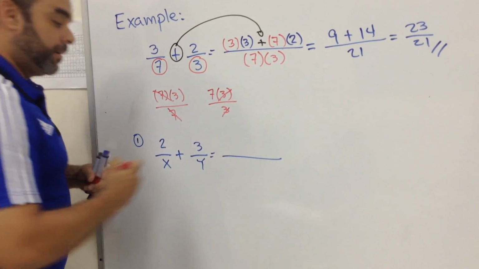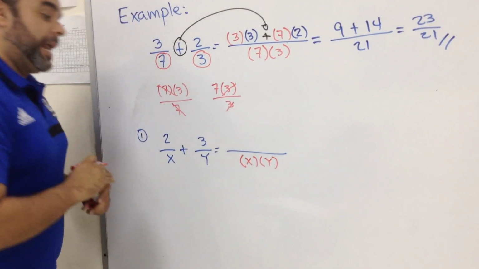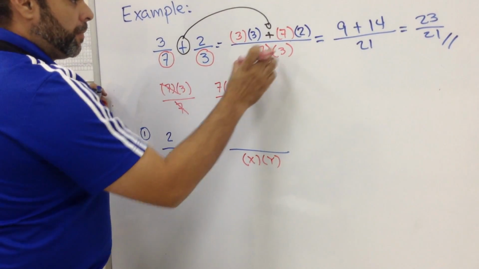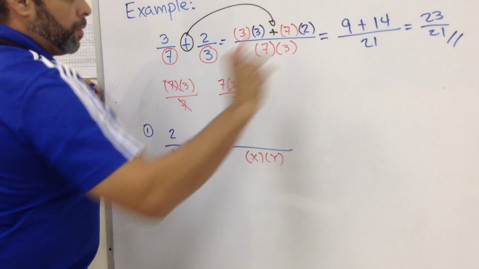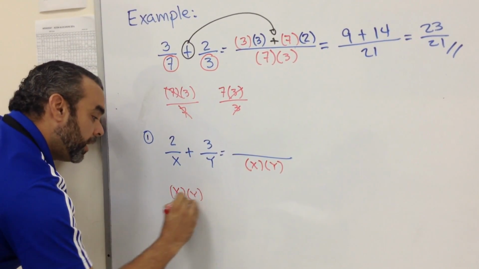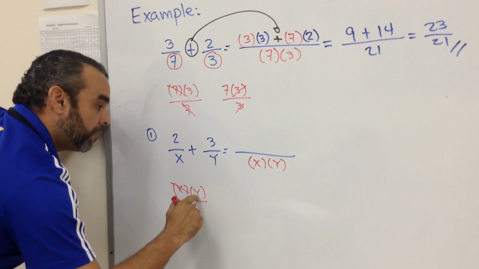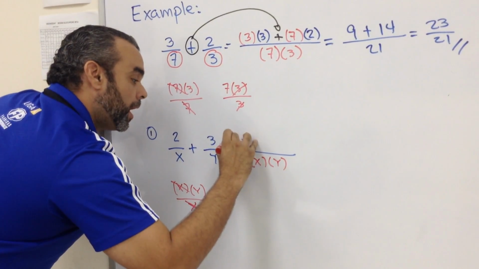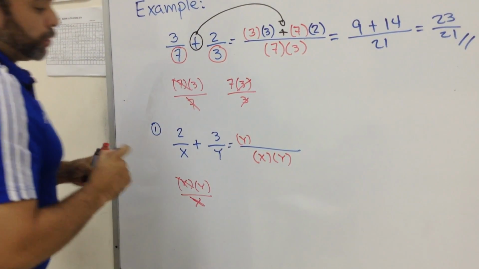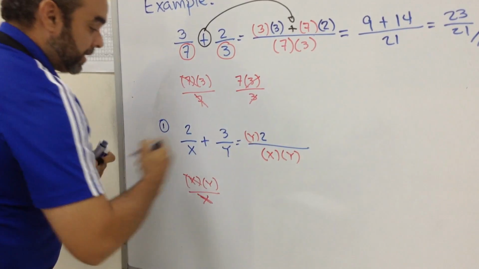So it's going to be x times y. And now I'm going to do exactly the same thing I did with normal fractions. So I'm going to divide x times y divided by x. I cancel my x and I'm going to have y. So I have to multiply y times 2. I place the same sign, that it's a positive sign.